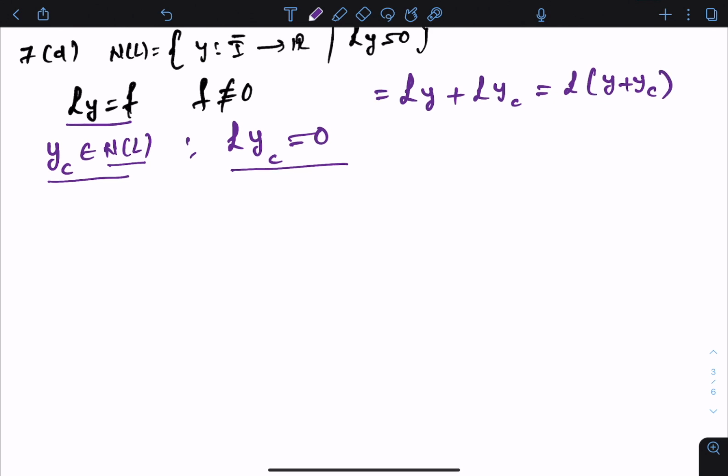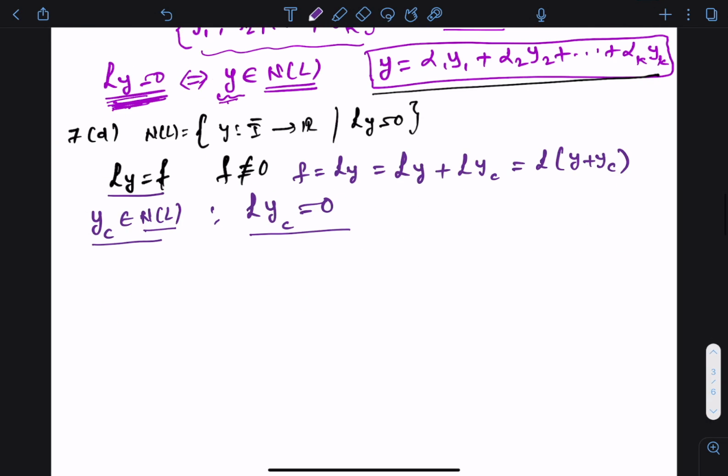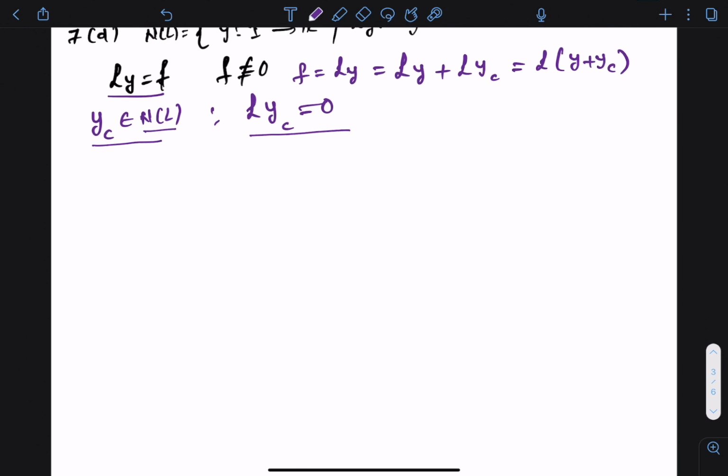And this is 0, so this is actually equal to Ly, and this was equal to f. So if y is a solution to f, then y plus yc is also a solution to f for all yc in the null space. If you don't know this notation, it means for all yc in the null space.